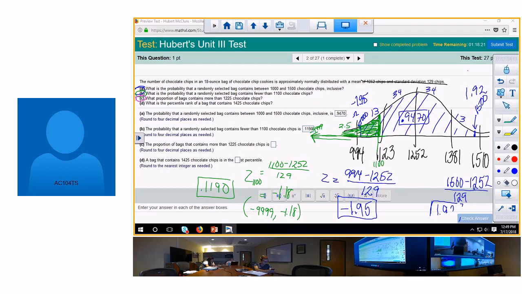Okay? All right, so 1225. 1225 is right in here. Okay, now somebody tell me, no, it says more. It says more. Now somebody tell me, through common sense, y'all got to use a little bit of common sense.